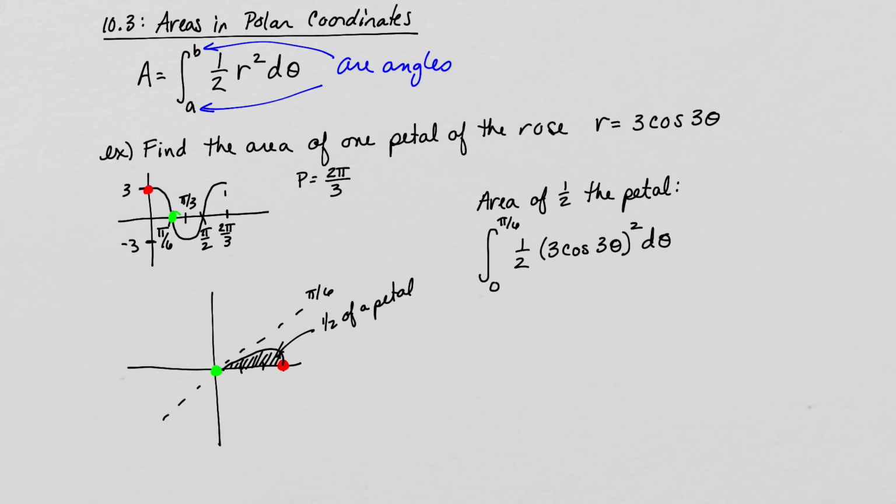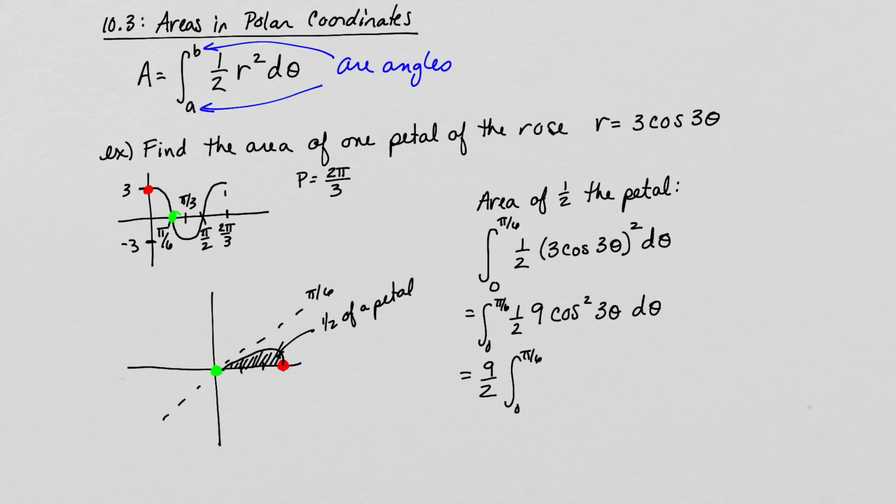So if I work this out, we're going to end up with the integral from 0 to pi over 6 of 1/2 times 9 cosine squared 3 theta d theta. So I can factor the 9/2 out to the front. So 9/2 the integral from 0 to pi over 6.